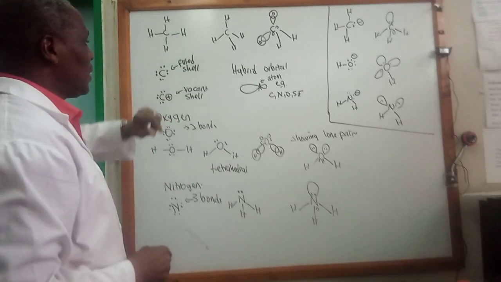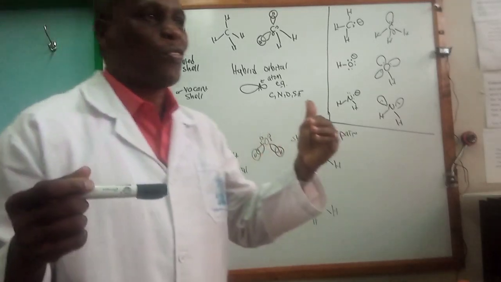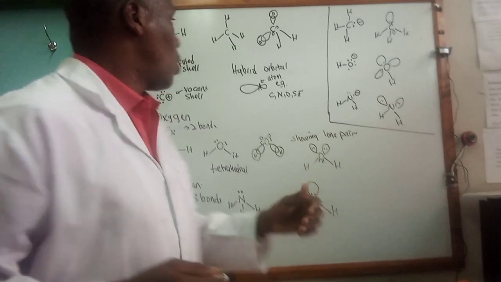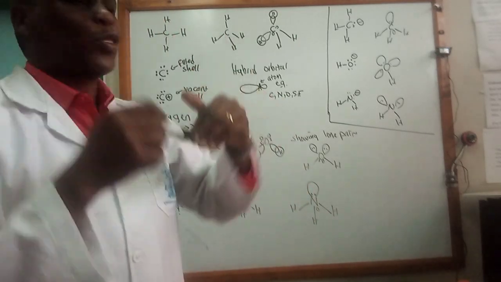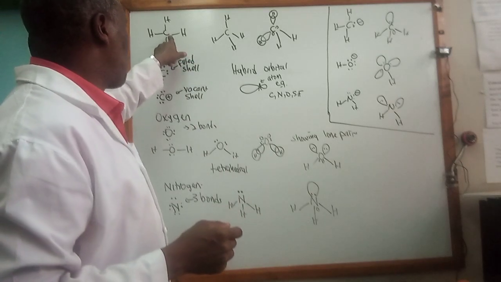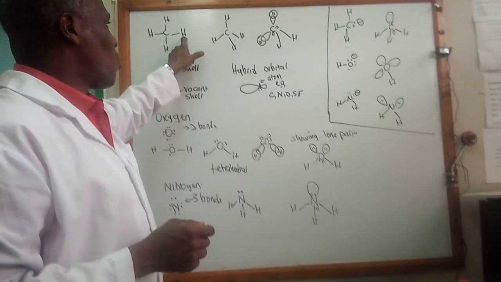A covalent bond is shown as a head-on overlap of two orbitals. In this case, it will be a p orbital of carbon and an s orbital of hydrogen.